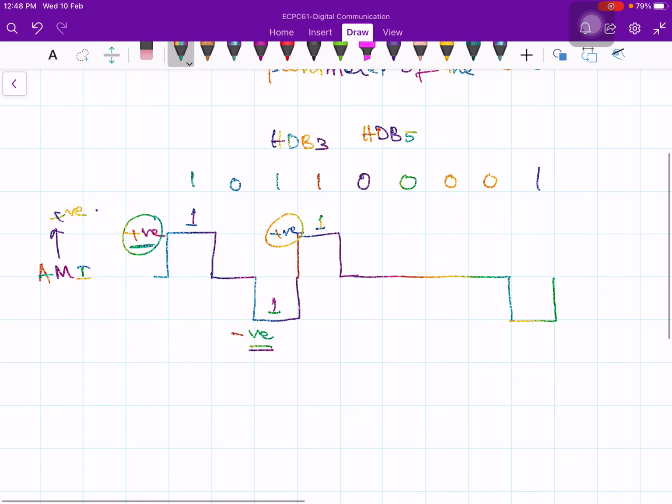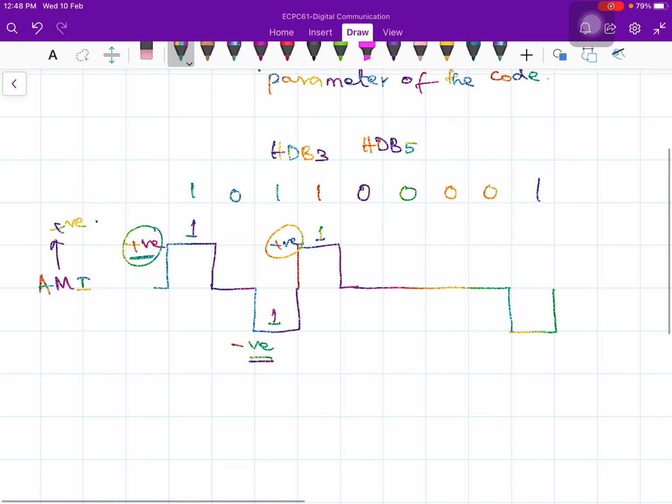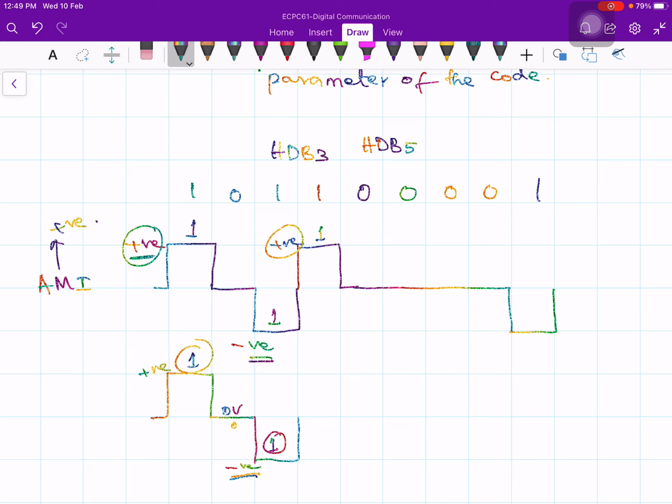So here the same thing, you start with positive pulse for 1, and 0 means you put 0 voltage for 0, and then for next one you invert the polarity like this, negative voltage for 1, because since here you give positive voltage for this one, then for this one you give negative voltage, and then for the next one same thing. But the problem is you are allowing the continuous zeros like a 0 voltage. This is the problem that we discussed in the last lecture.